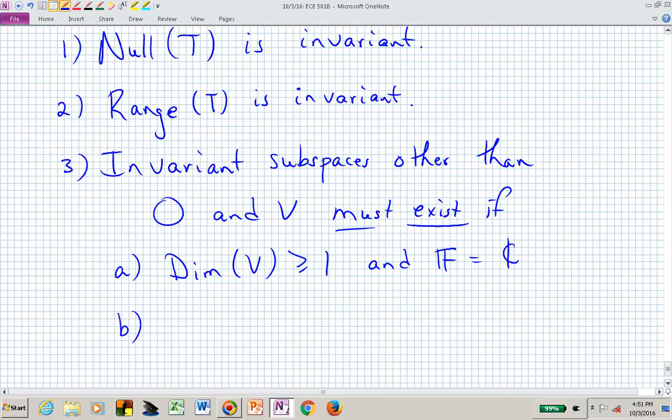B, we can find invariant subspaces if our underlying vector space V is greater than 2, and F is R.